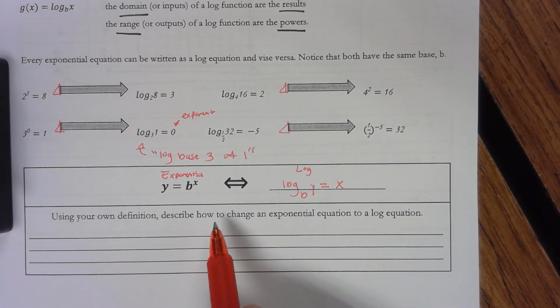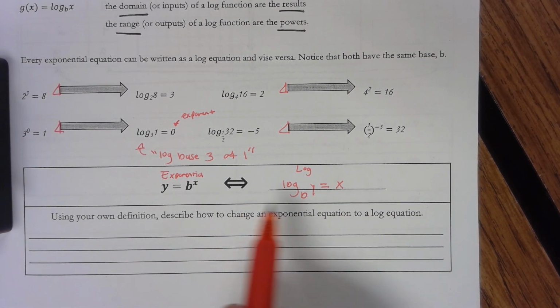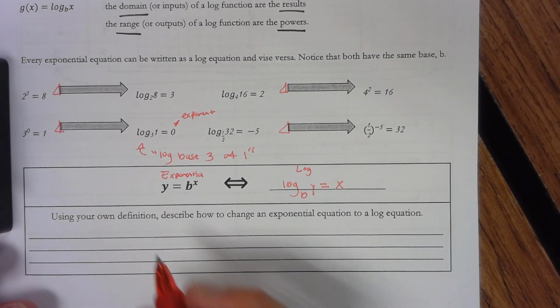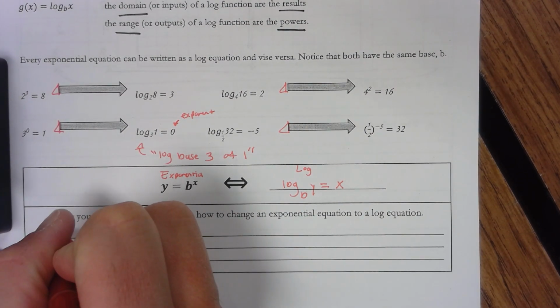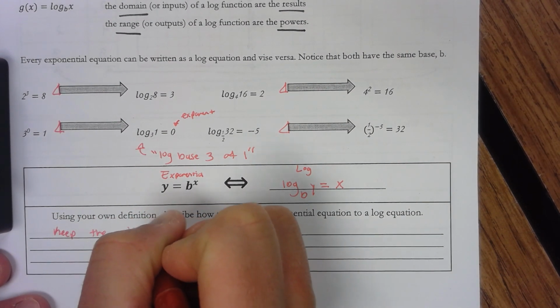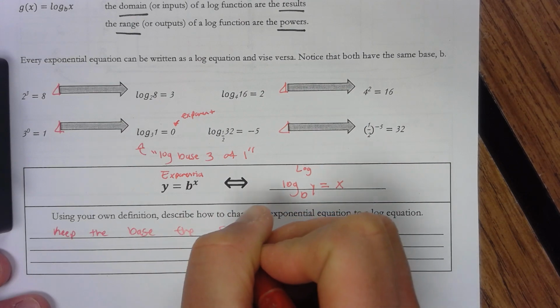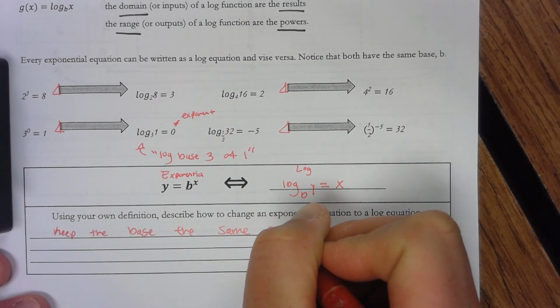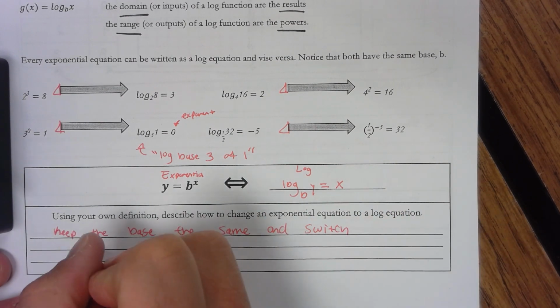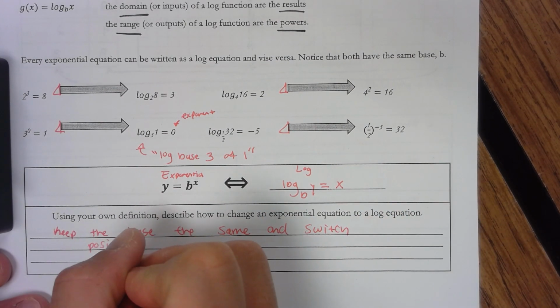So my own definition, and if you have a better way to write this, maybe you come back to it after our lesson, what I think about is I keep the base the same and switch the position of the other two terms.